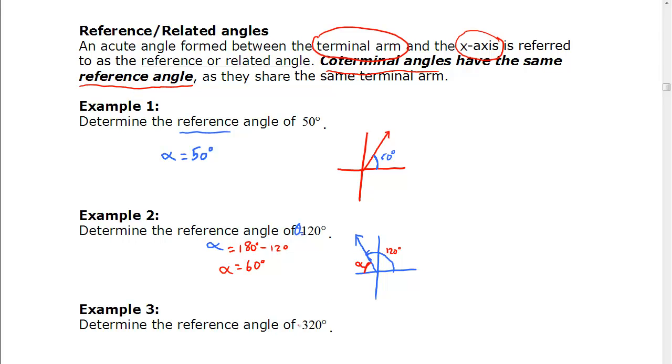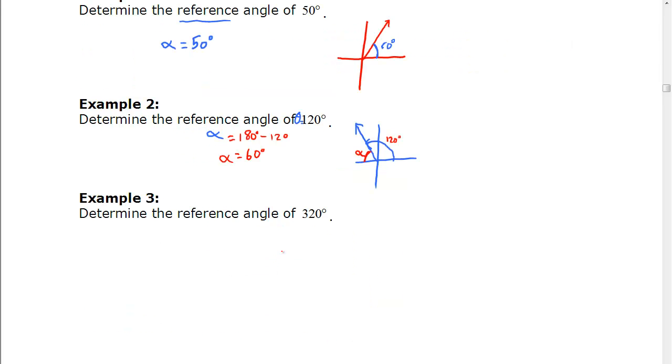For an angle of 320 degrees then, we start here, and it is somewhere in quadrant 4, between 270 and 360. So this is 320 degrees. And the acute angle between the x-axis and the terminal side would be this angle right here.